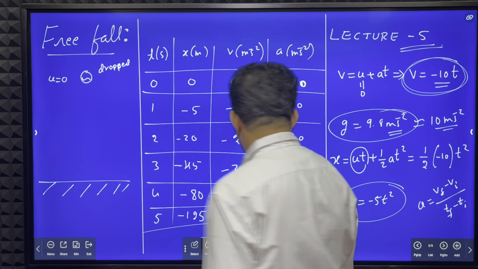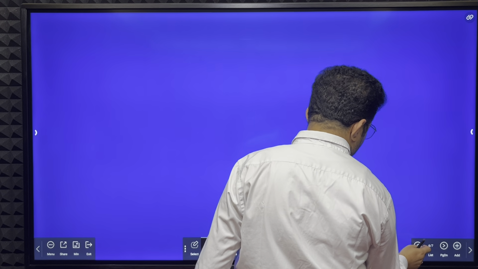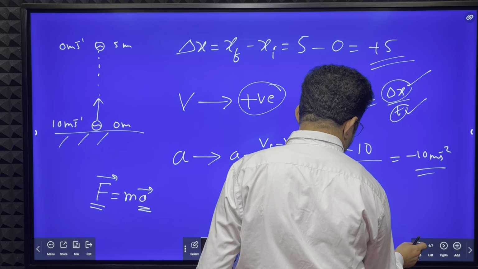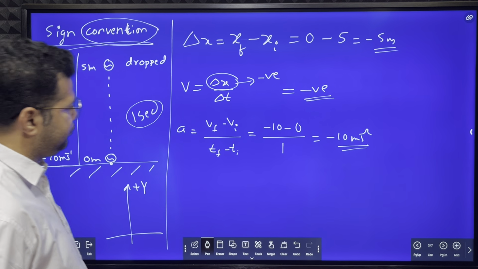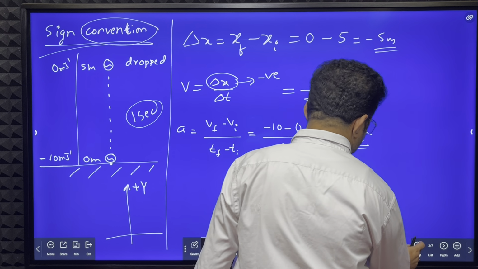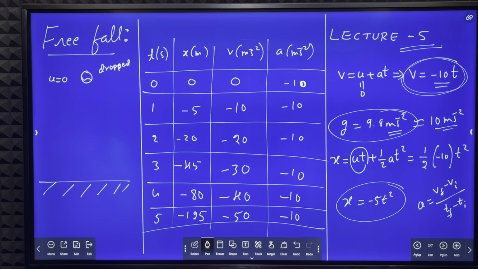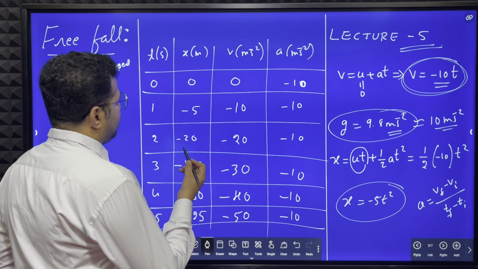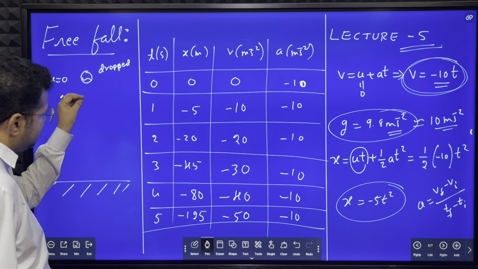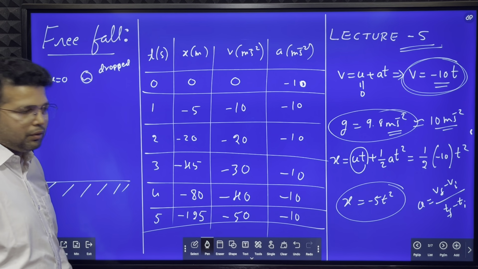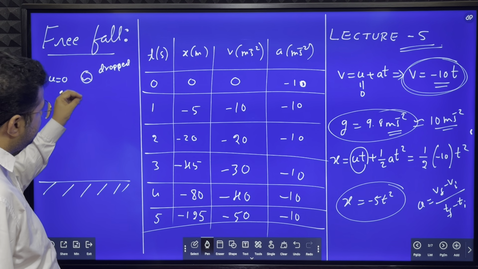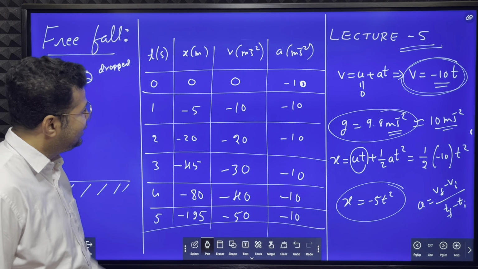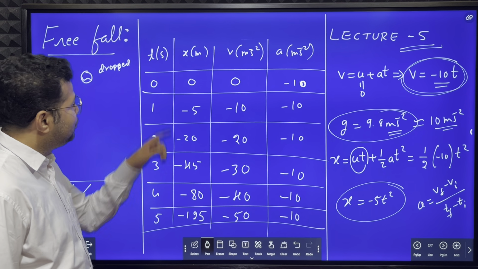Now, if you observe this table very carefully, see, what is the distance traveled by the ball in 1 second? Distance traveled by the ball in 1 second will be how much?